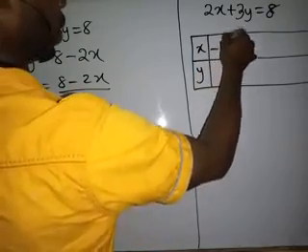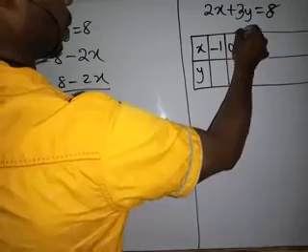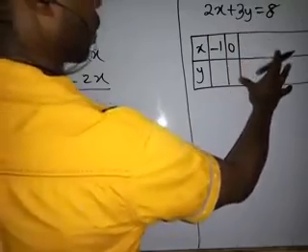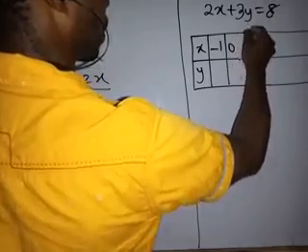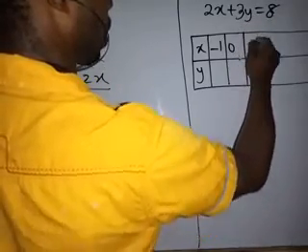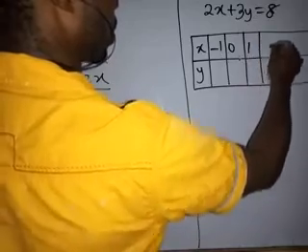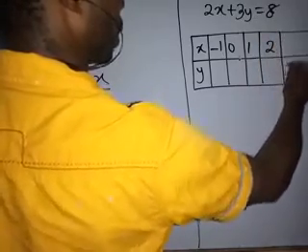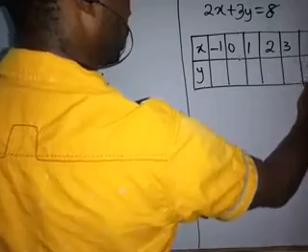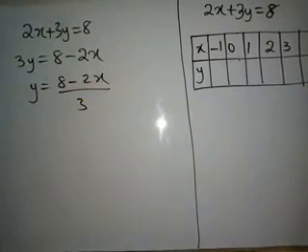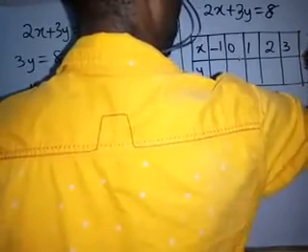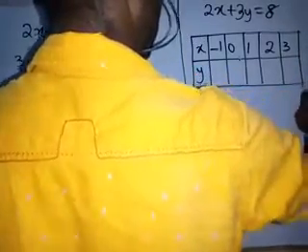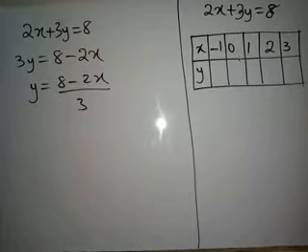From -1 to 3, this is my 0, this is my 1, this is my 2, and this is my 3. Let's pay attention as I fill this.